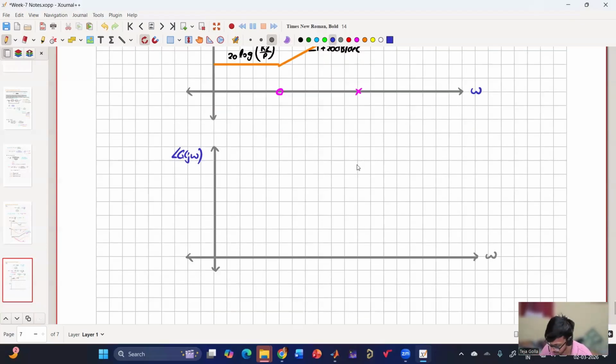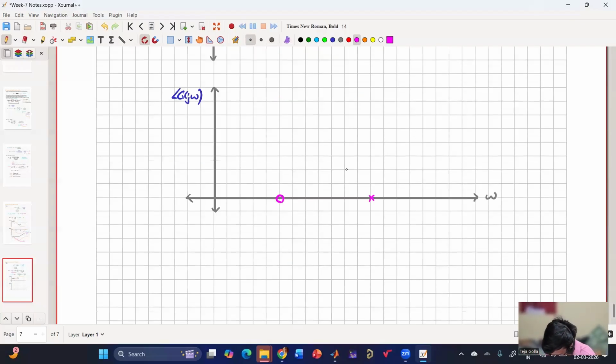So there is a 0 here, and then there is a pole here. If you draw with a thin line, starting with 0, the phase will go from 0 to 90 degrees, and then it will settle at 90.